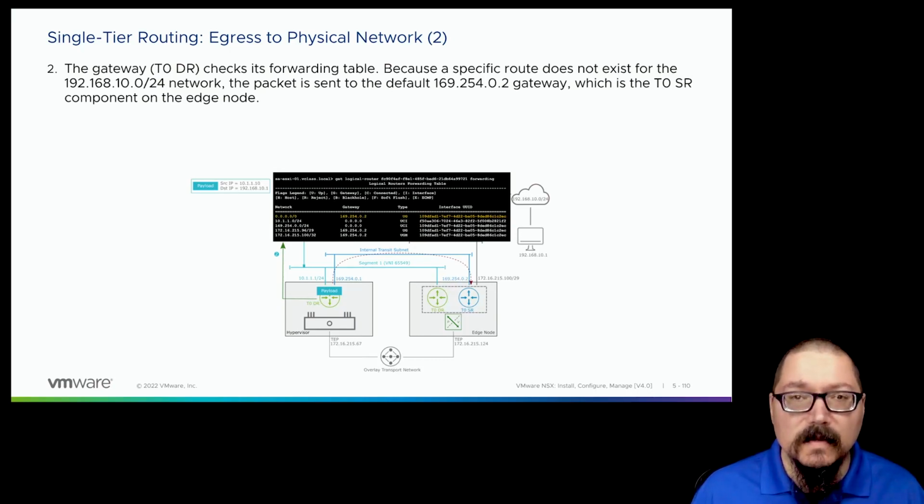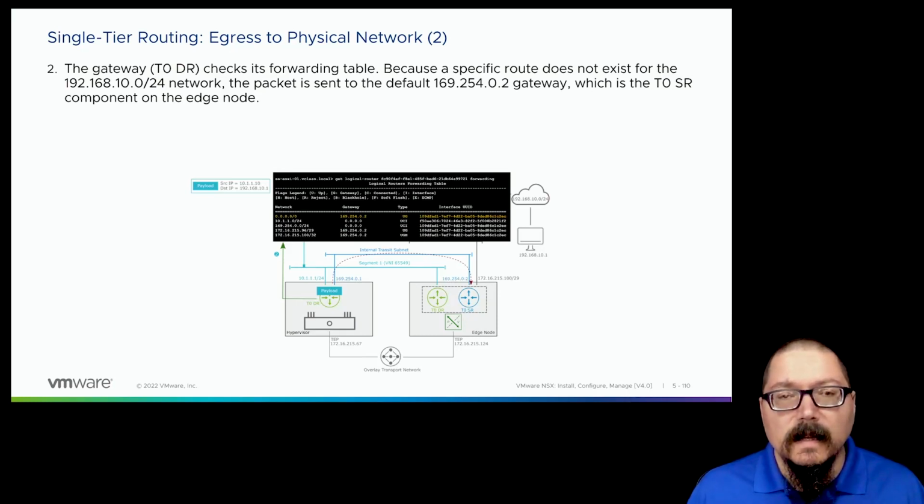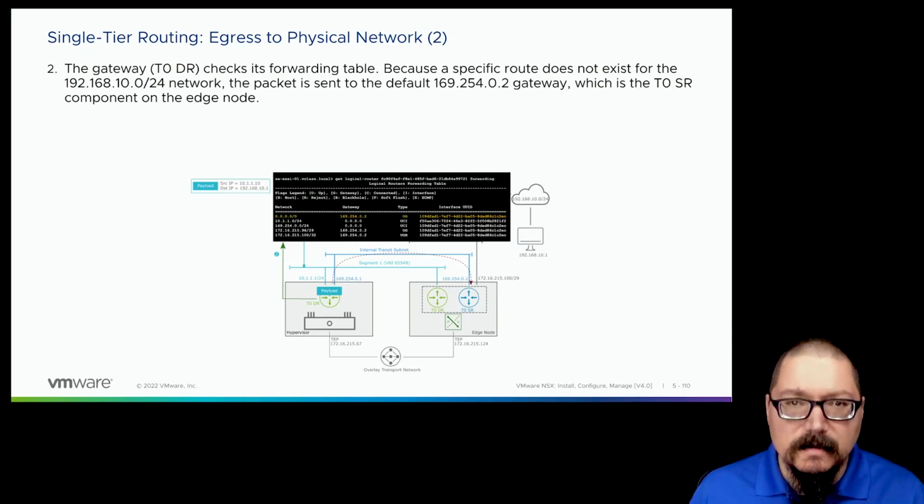Well, those are attached to a logical switch, but their address, the subnet, is going to be a 169.254 link local address. So since my DR on the hypervisor is attached to that segment on the hypervisor, we're going to go ahead and forward that packet from the DR out onto the logical switch.